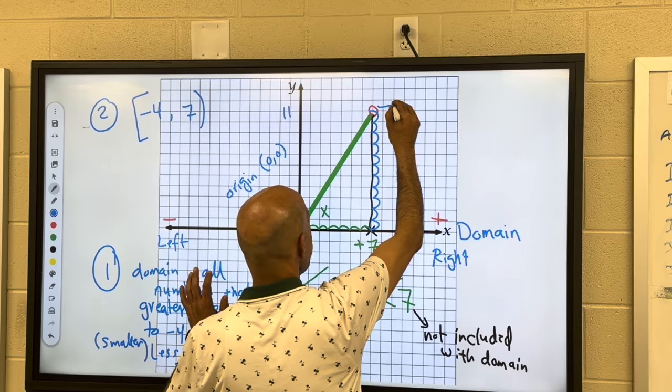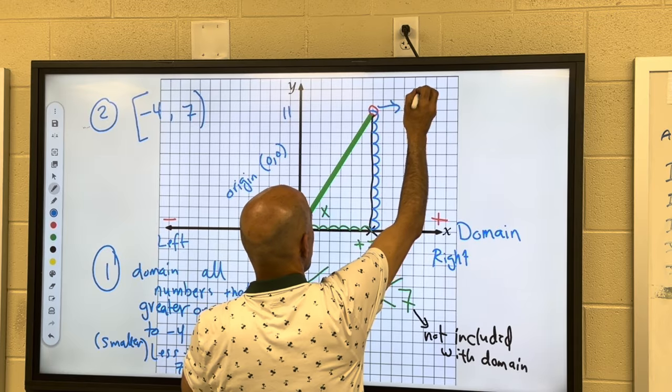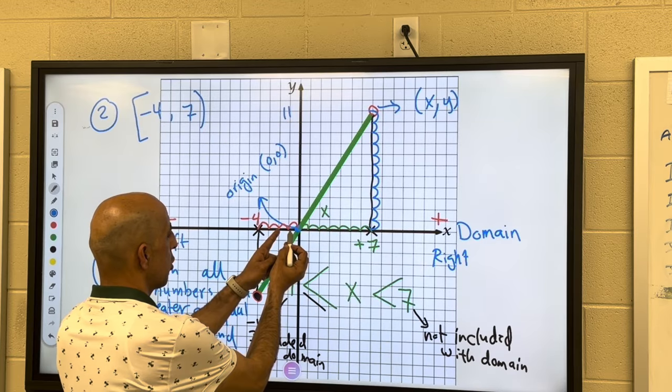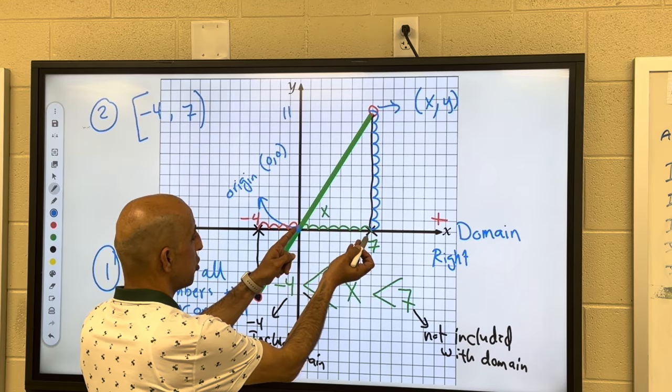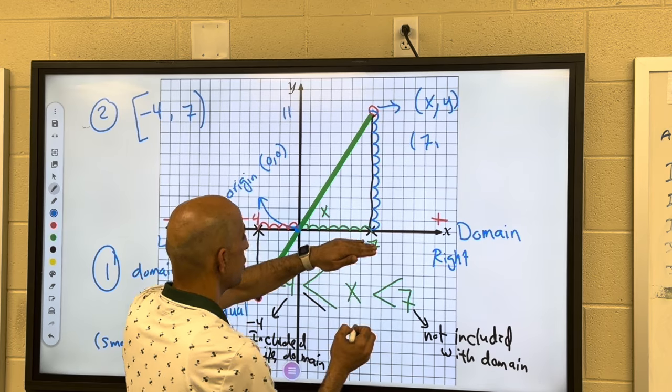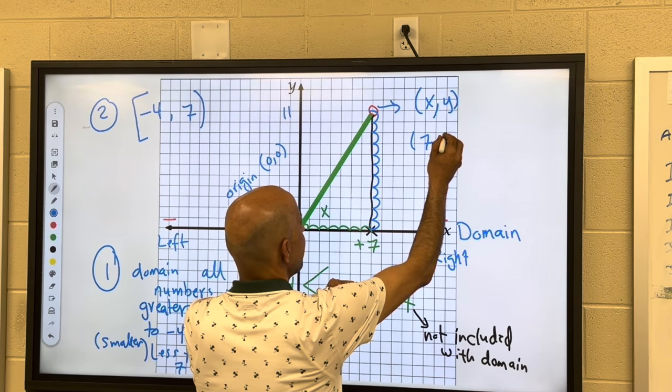Any point, for example this point, I can represent as x and y: going 7 units toward x, so x is 7, and then going up 11.